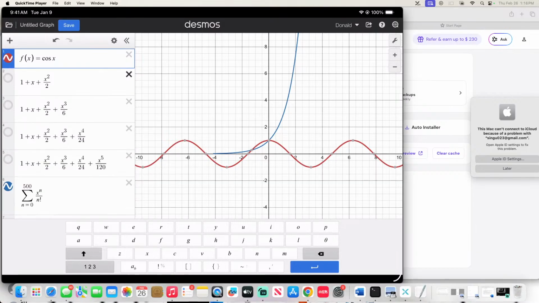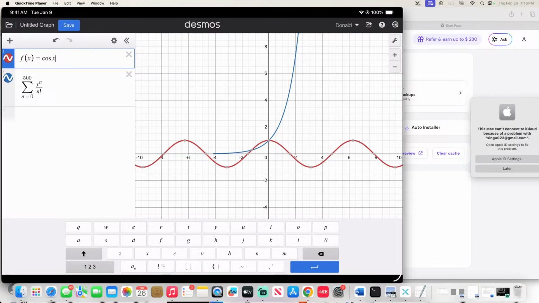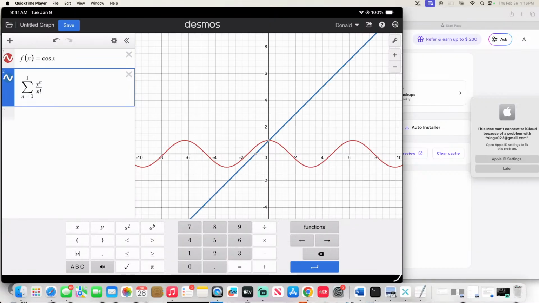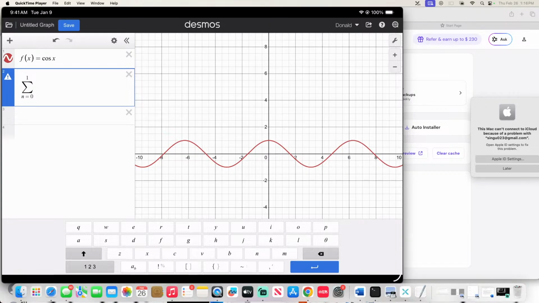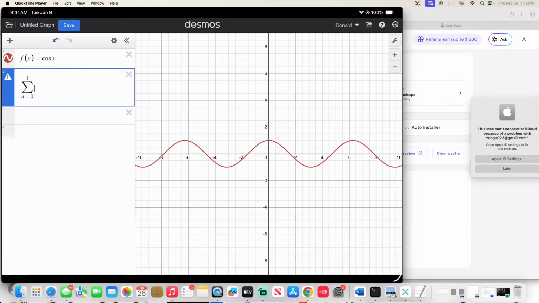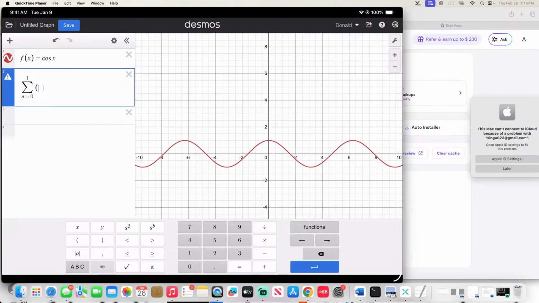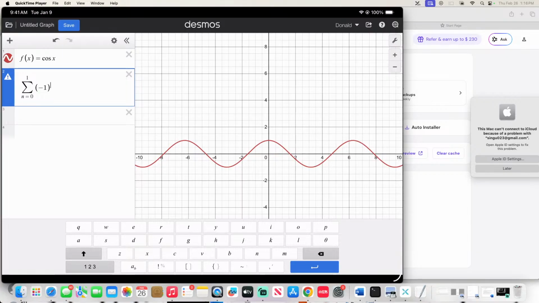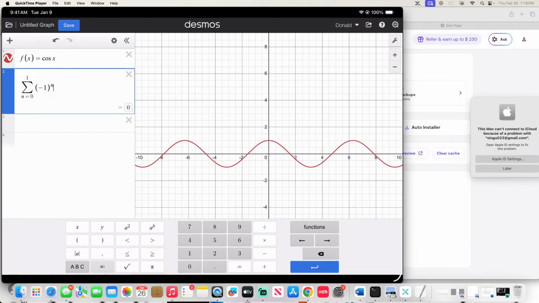And we're going to get rid of this, and we're going to say summation of n equals 0. We're going to start at 1 here first, and we say, what was it? Negative 1 to the n power. Are we okay here? And x to the which power? 2n.